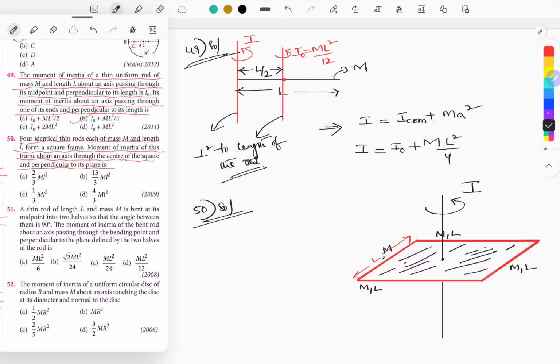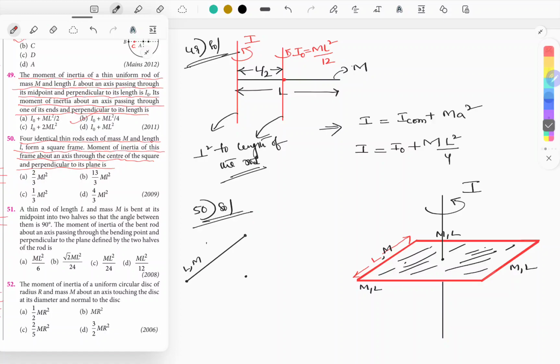If you observe any one of the rods, it is connected like this. I am showing this view. Look at this. So this is a rod of length L, mass M. I need the moment of inertia at somewhere else like this. Try to understand.